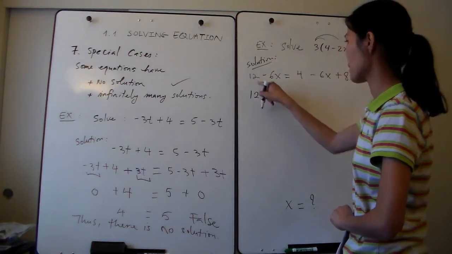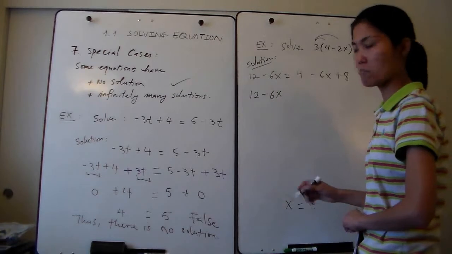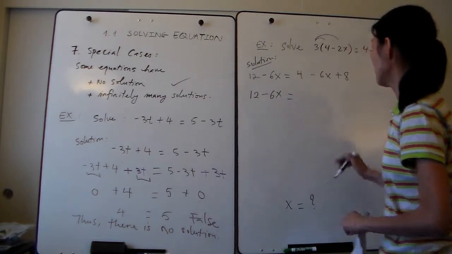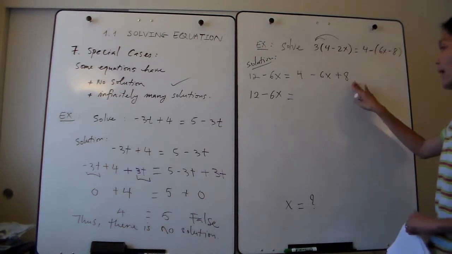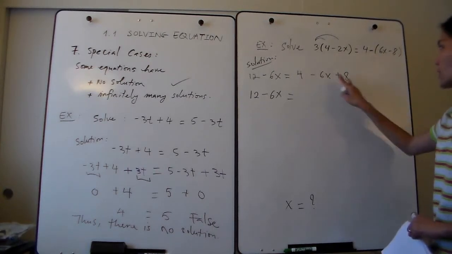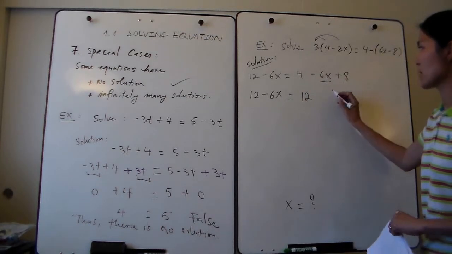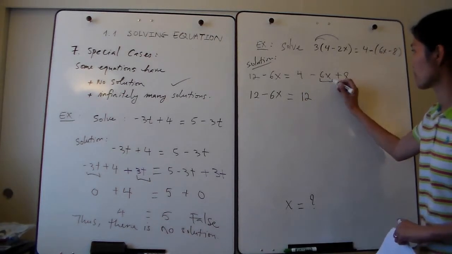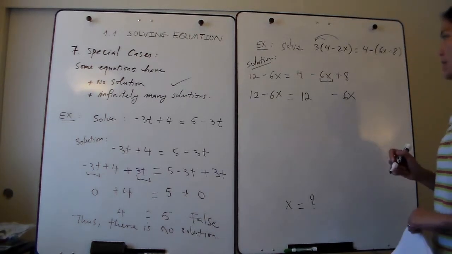You don't need to simplify the left hand side because they are different terms. You can't combine them. For the right hand side, you can combine 4 and 8. 4 plus 8 is 12. Don't forget negative 6x here on the right hand side.